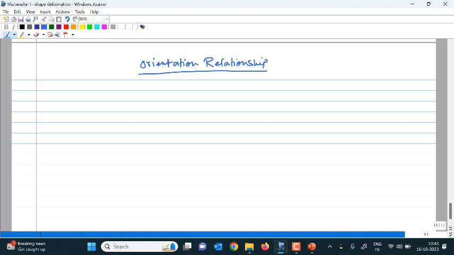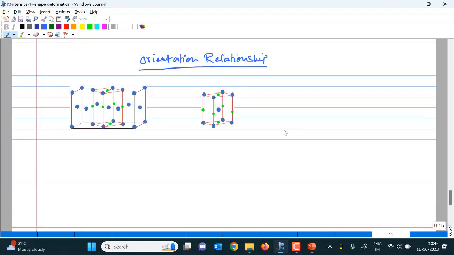The Martensite phase is forming from the austenite phase as you cool it down, and therefore there must be some crystallographic relationship between the austenite lattice and the Martensite lattice. Okay. So now if you again look at these two diagrams, FCC and BCT, one belonging to austenite and the other belonging to Martensite.